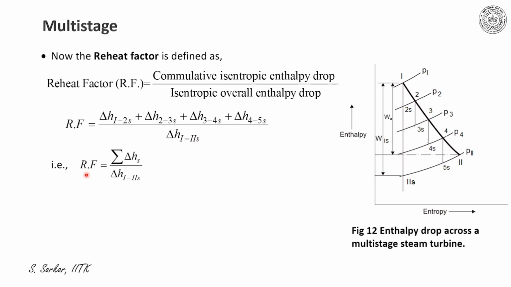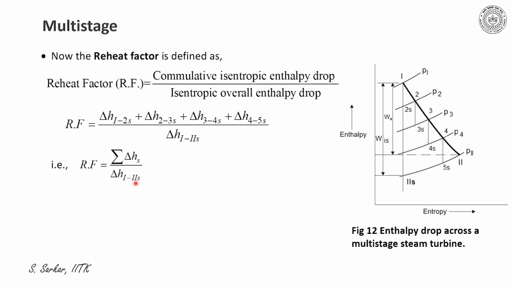Hence, reheat factor is given by sigma del Hs, where del Hs is the enthalpy drop of the stage. Again, let me repeat. Del Hs represents the enthalpy drop of stage. So sigma del Hs is divided by del H12S.